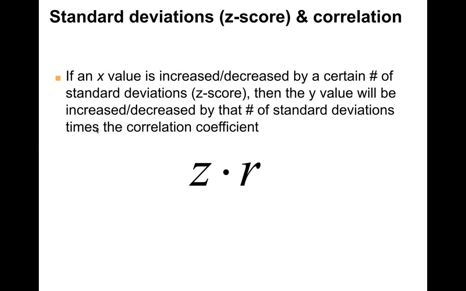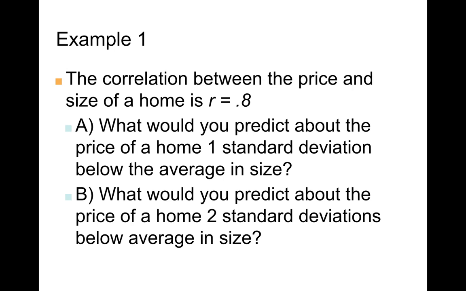So the y value will be increased by that number of standard deviations, which is the z-score, times the correlation coefficient, which, remember from last chapter, we traditionally use the variable r to describe. So what do I mean by this? I will show you through this example here.